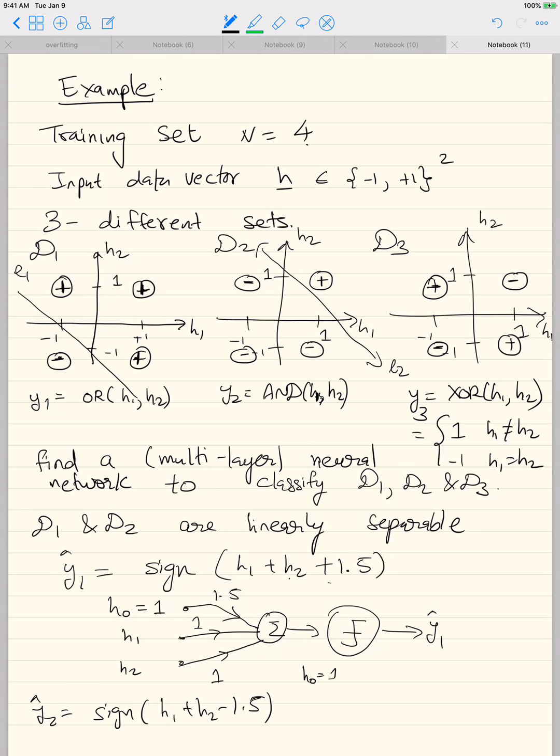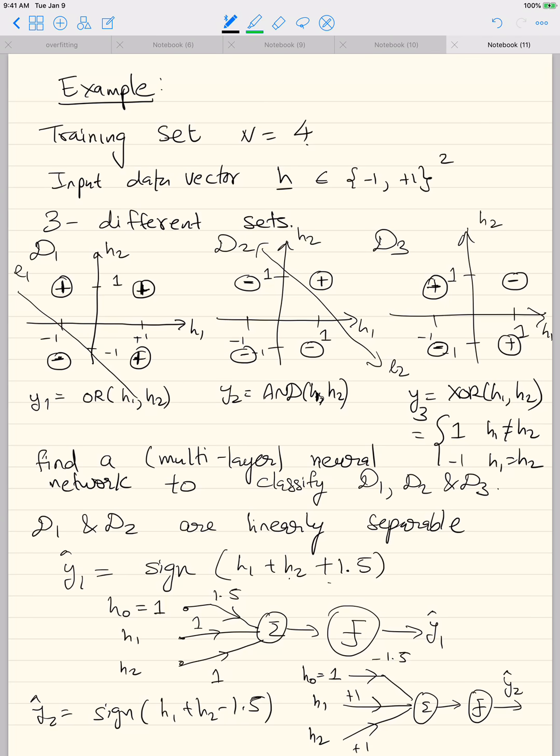And again, this can be implemented using a single layer network. Now we multiply the bias term by minus 1.5 and the others by plus 1. We take the sum, we threshold it, and we get Y2 hat.